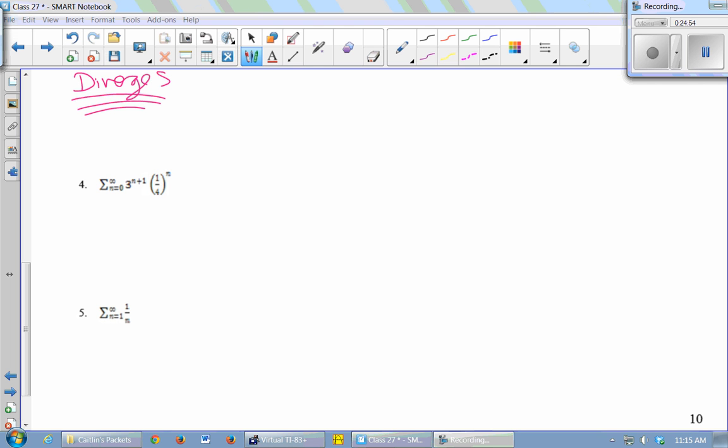All right, so we have the sum from n equals 0 to infinity of 3 to the n plus 1 times 1/4 to the n. So I plug in my n's starting at 0 because that's what the summation tells me to use first. So when I plug in a 0 for n, I get 3. When I plug in a 1 for n, I get 2.25.